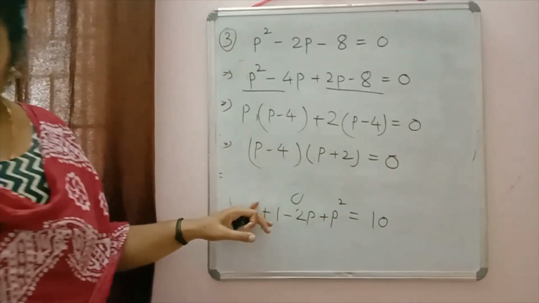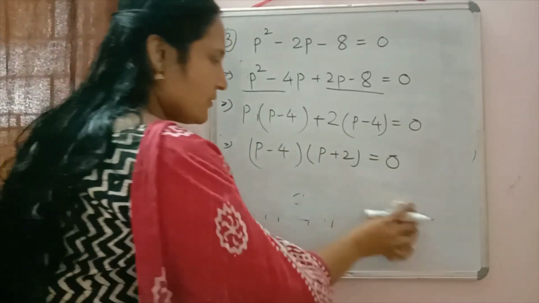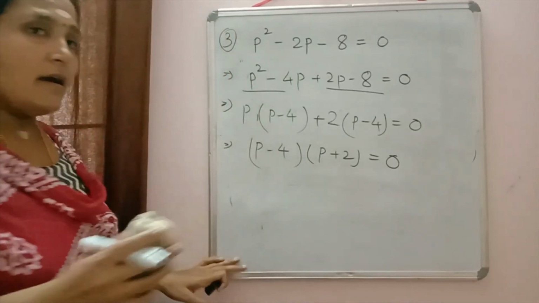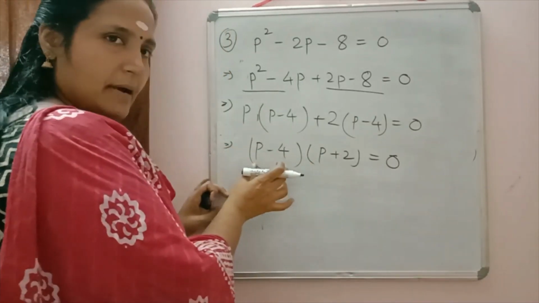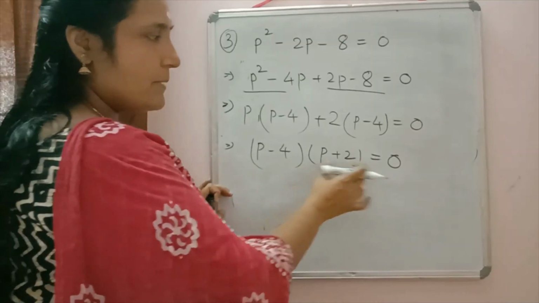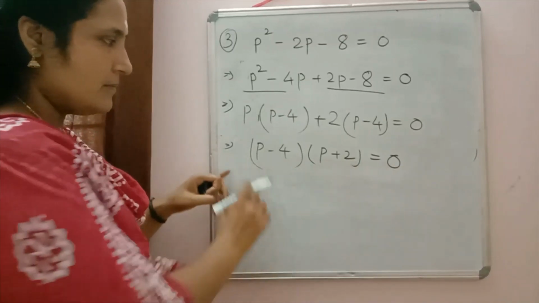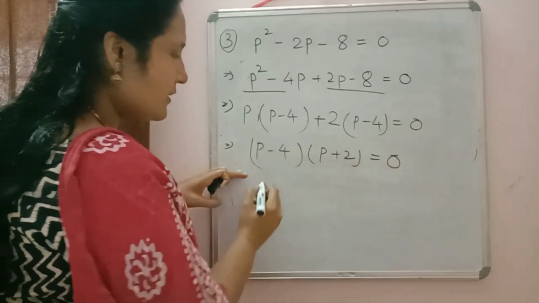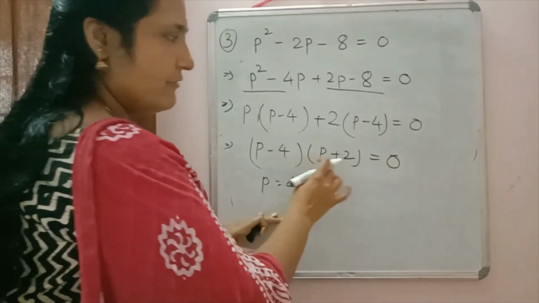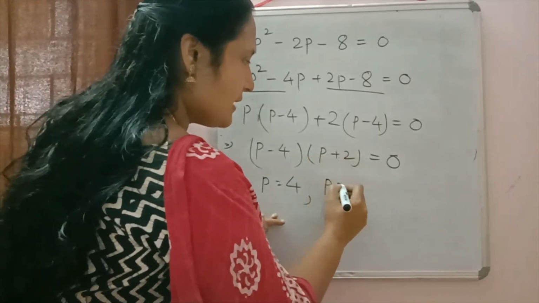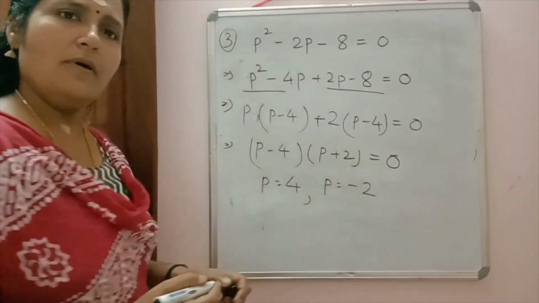So again the product of two expressions equal to 0 is possible when one of them is equal to 0. So either p minus 4 equal to 0 or p plus 2 is equal to 0. If p minus 4 equal to 0, then p is equal to 4. And if p plus 2 is equal to 0, then p is equal to minus 2.